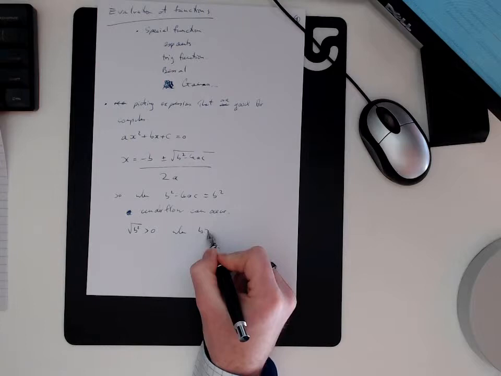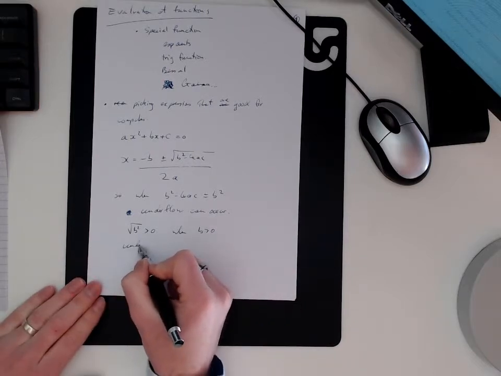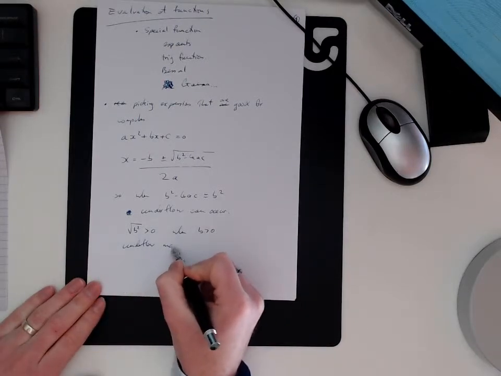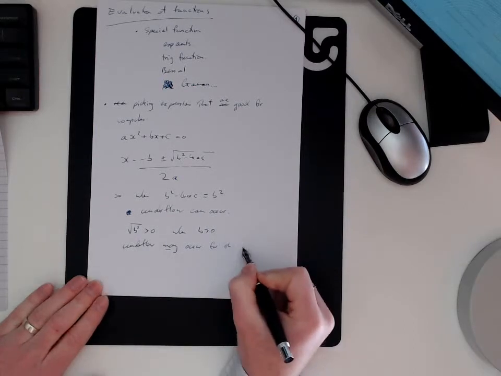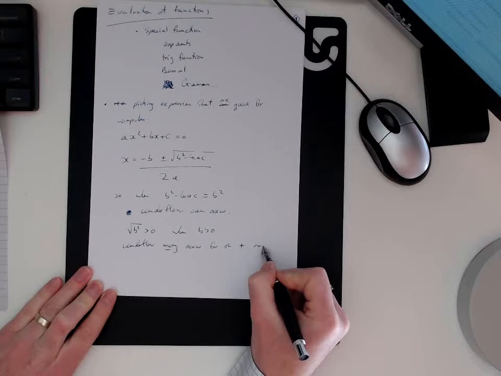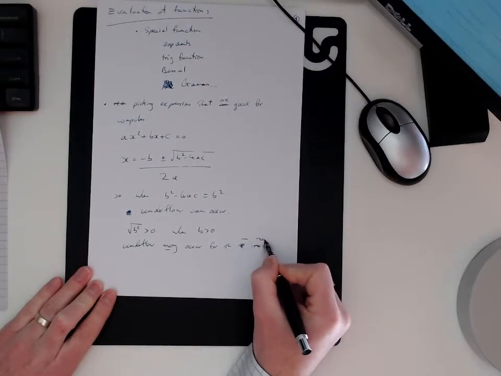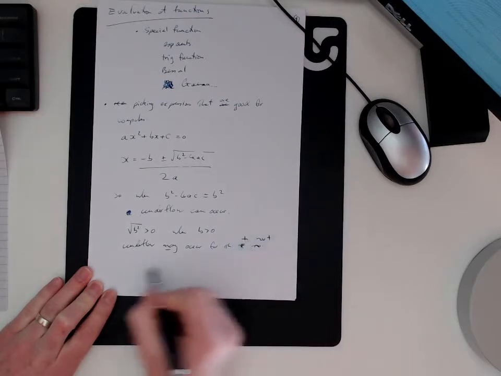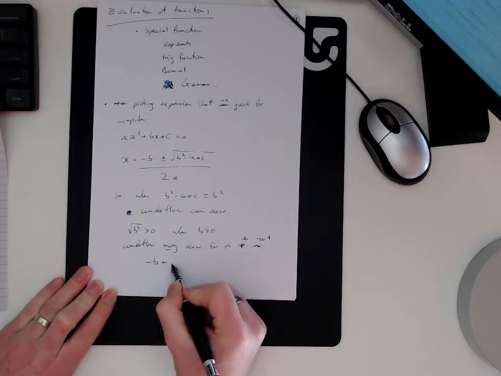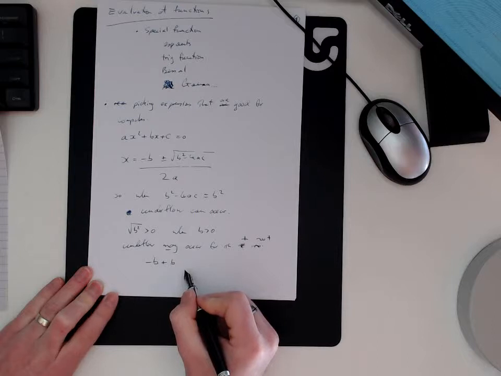When b is positive, underflow may, not always, but may occur for the plus root, not the minus root. For the plus root, we have minus b plus something which is very close to b.